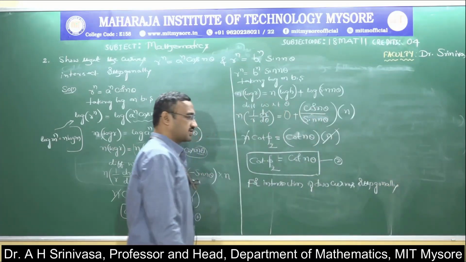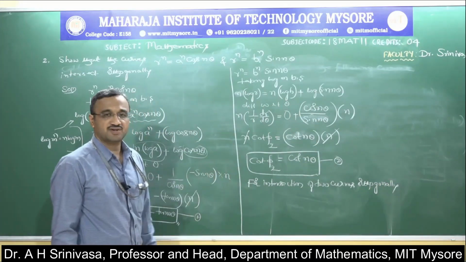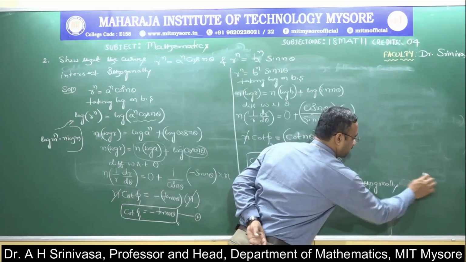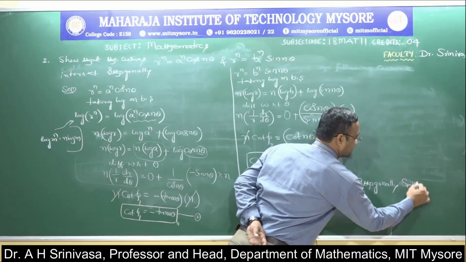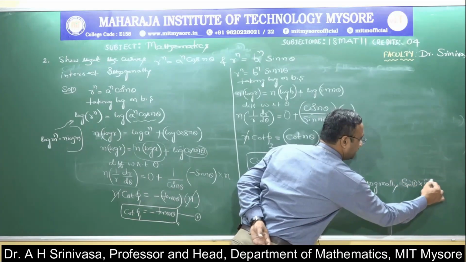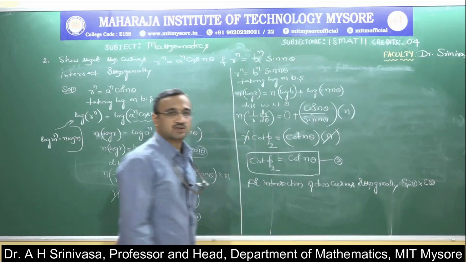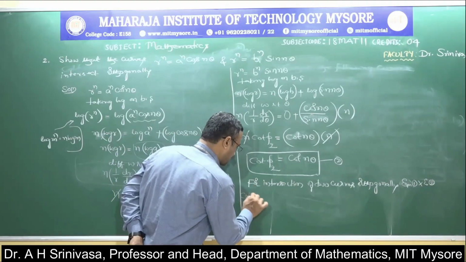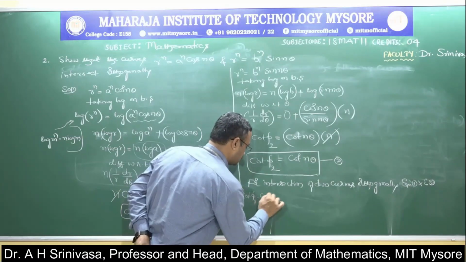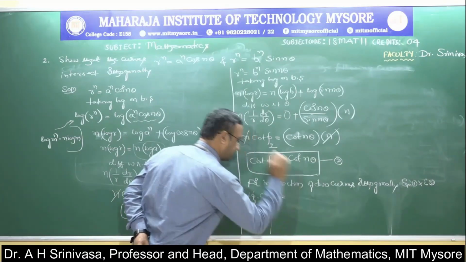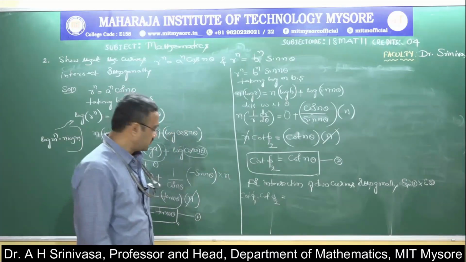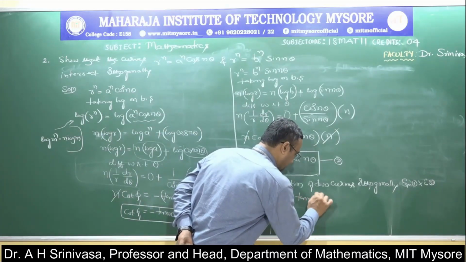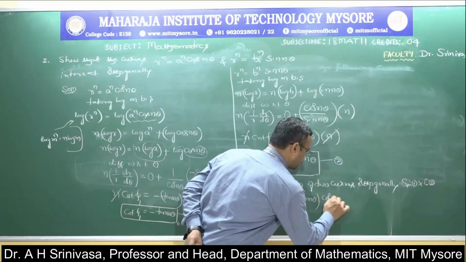Now you know the procedure: if two curves intersect orthogonally, take the product of equation 1 into equation 2. What do I get here? Cot phi 1 into cot phi 2 should be equal to the product of these two, minus tan n theta into cot n theta.